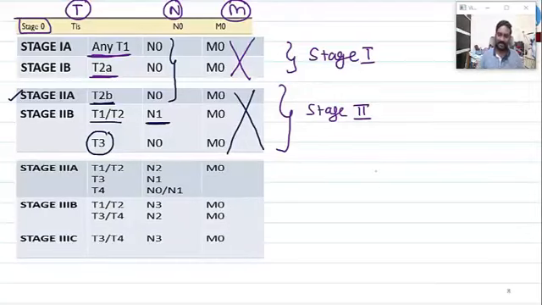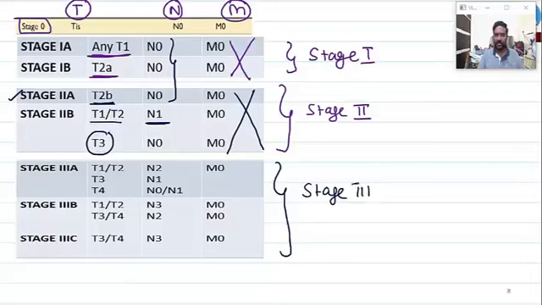Then coming to stage 3. Stage 3 is very, very tricky. Now the tumor is small, T1, T2, but it has extensive lymph node involvement up to N2. So not only the lymph nodes in the substance of the lung have been involved, even the mediastinal lymph nodes, such as the paratracheal and pretracheal, have been involved.